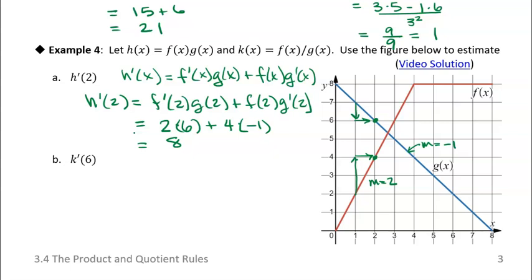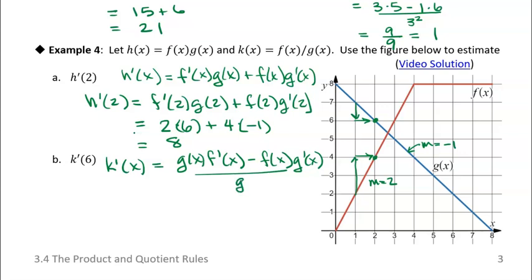All right. Now the next one, k is defined to be the quotient of f of x divided by g of x. So I need to use the quotient rule. I'm going to say k prime of x is equal to, now I'm just going to use the quotient rule. So low, that's the denominator, d high, minus high, d low, g prime of x, all over low squared.